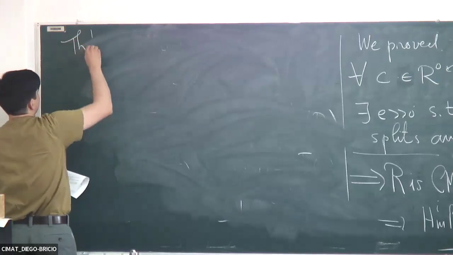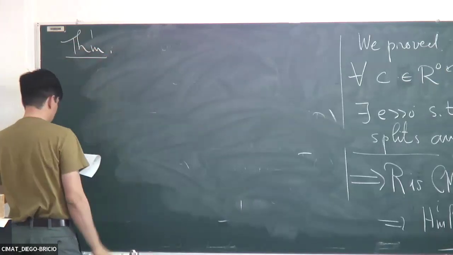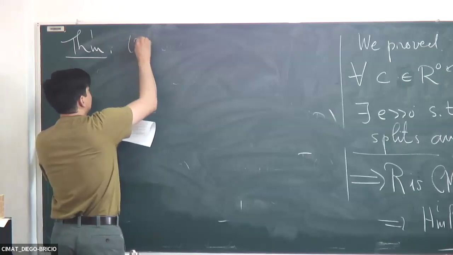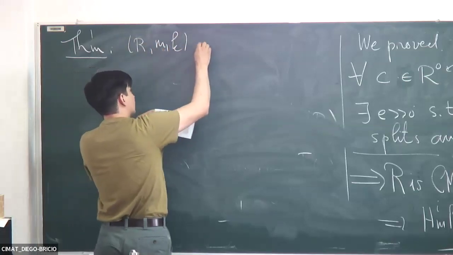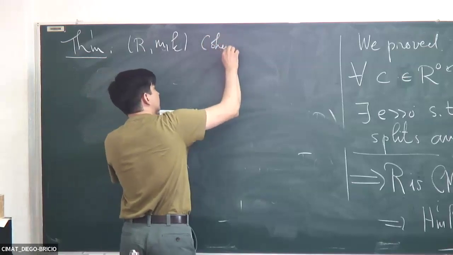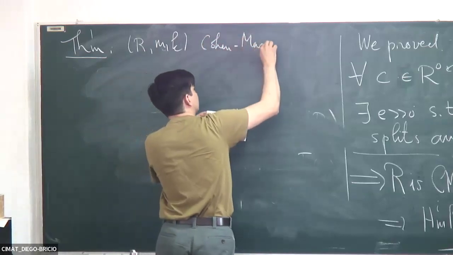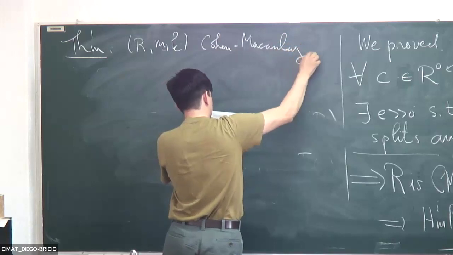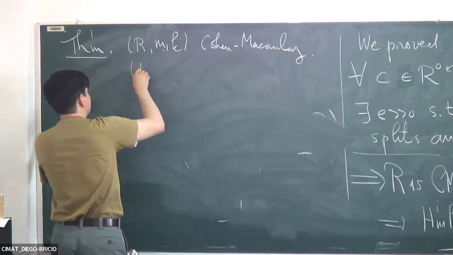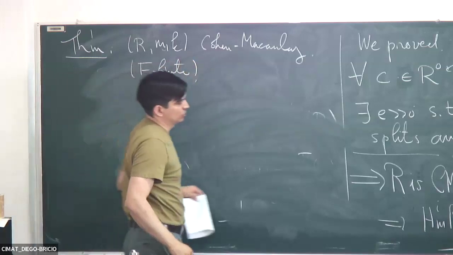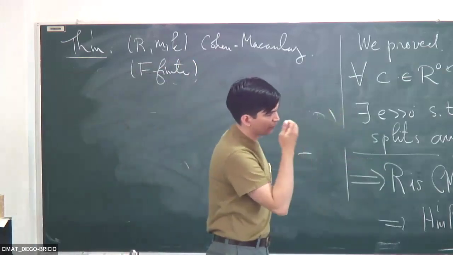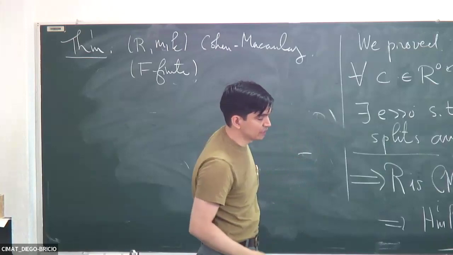So let me do this theorem. This proof is an exercise for you. Let me take a Cohen-Macaulay thing of finite type, that's very important. So notice that for that definition of F-rationality, finiteness is necessary, right?